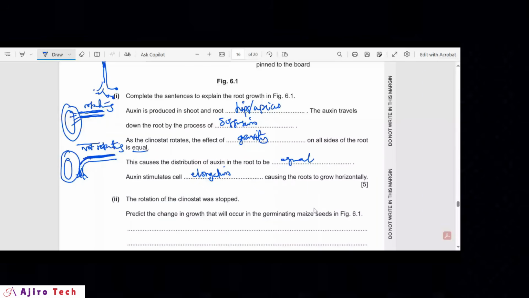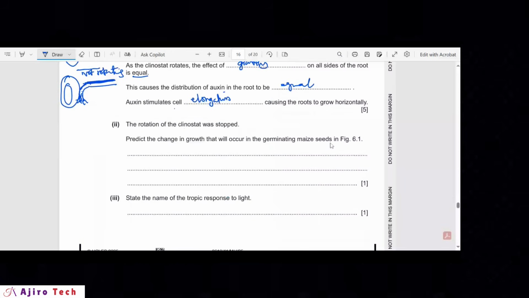The rotation of the clinostat was stopped, right? So describe the change in the root that would occur in the germinating seedling. Like we said, gravity will be felt when it's not rotating, so it will grow downwards like this.